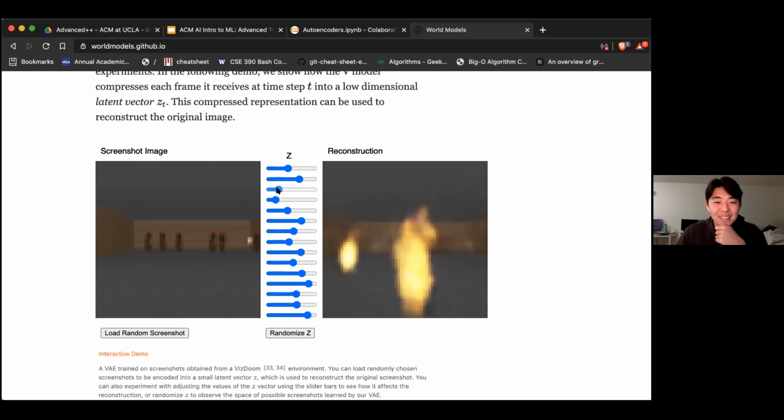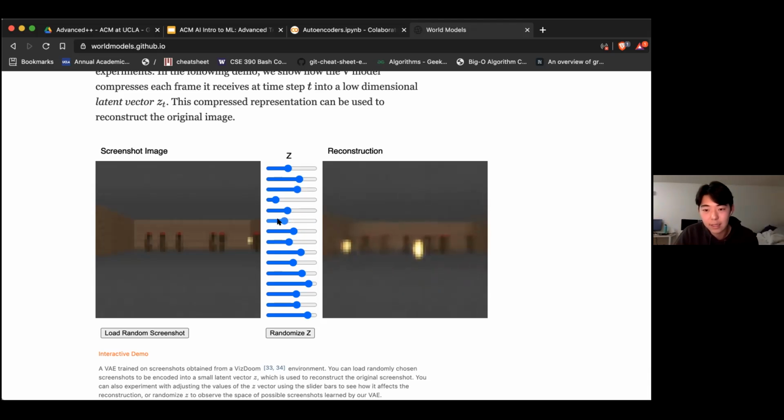I also have not played Doom, so maybe a fireball. If you toggle this, it changes our reconstructed image. So what this is representing is that within our probability distribution, if you were to choose different values within this dimension, this will correspond to this fireball either being there or not being there. And this is the same as other ones. So this is a little more subtle.